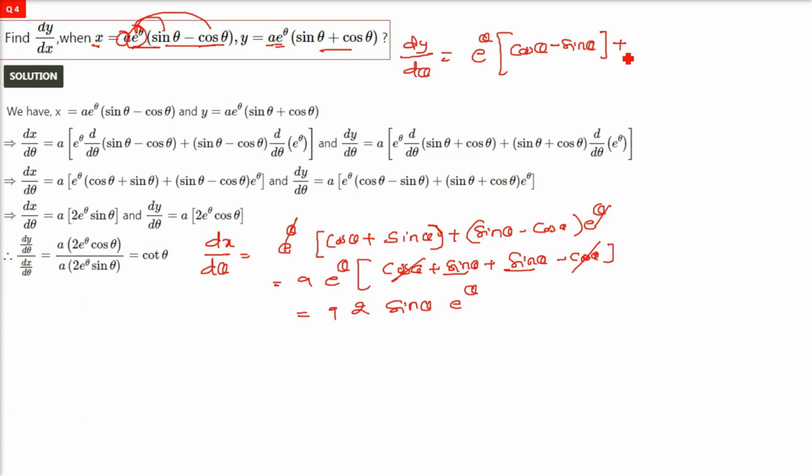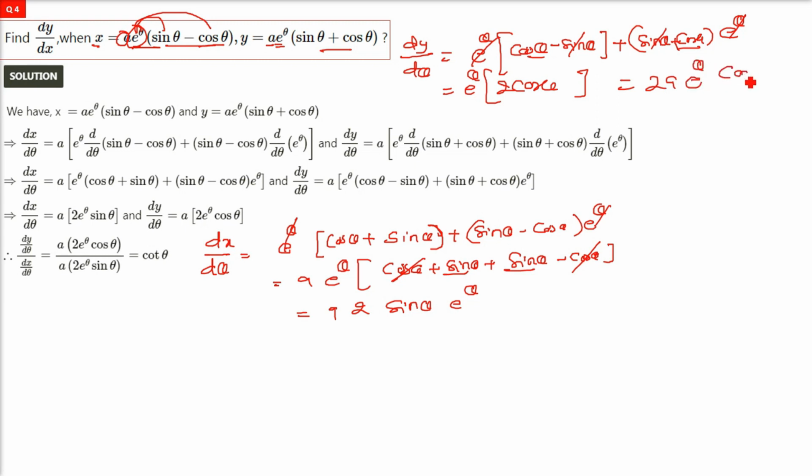Now you can take sin theta plus cos theta outside and differentiate e to the power theta, which will be e to the power theta. Now you can take e to the power theta common, and what do you get? This sin will get cancelled, so you'll get twice cos theta. So you'll get 2a e to the power theta cos theta.